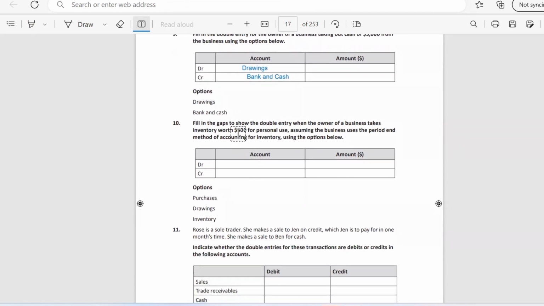Next question, fill in the gaps to show the double entry when the owner of a business takes inventory worth 500 for personal use, assuming the business uses the period end method for accounting for inventory using the options below. So we write debit purchases and credit inventory.